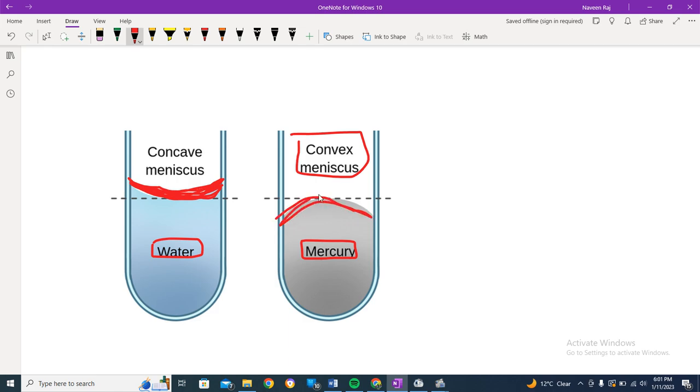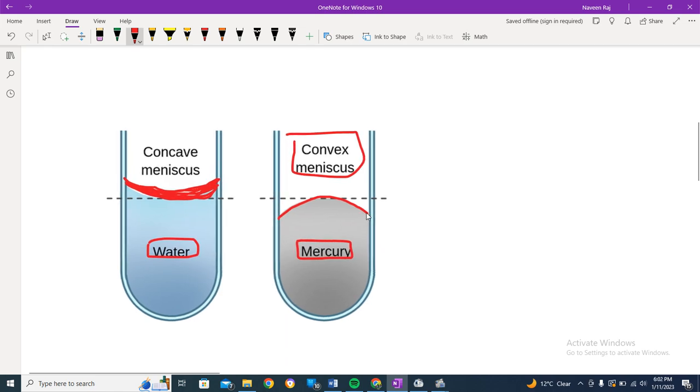How is this possible? How would this thing happen? Have you ever imagined this? People do have confusion about why there is a concave and convex difference. The reason is quite simple. In the last video we discussed the cohesive and adhesive forces.